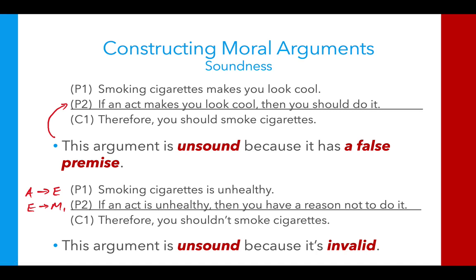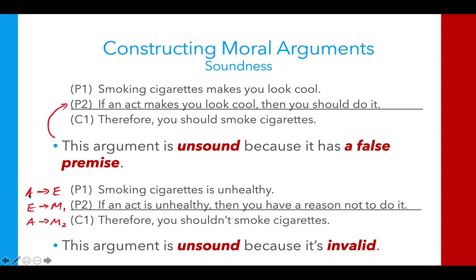Now the conclusion, instead of saying, therefore, you have a reason not to smoke cigarettes, says something a bit too strong, right? It says you shouldn't smoke cigarettes. So what it's saying is this act, smoking, has this different moral property. It's not just that you have a reason not to do it, but that you shouldn't do it.